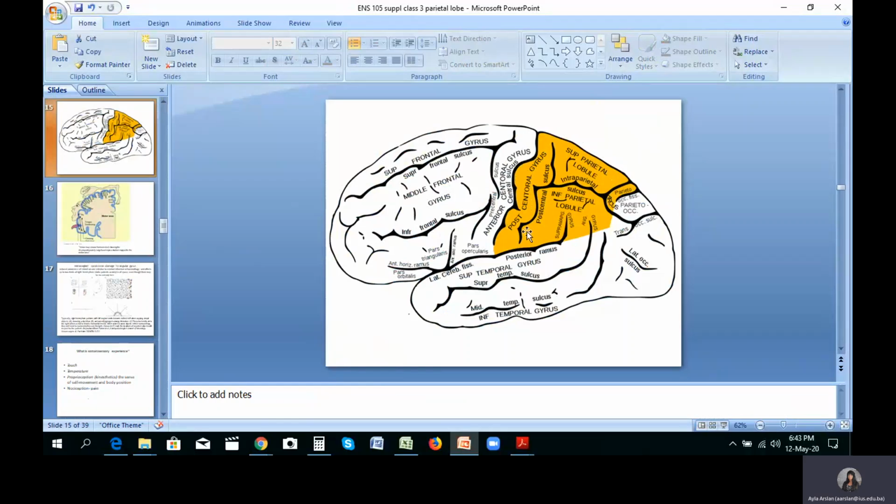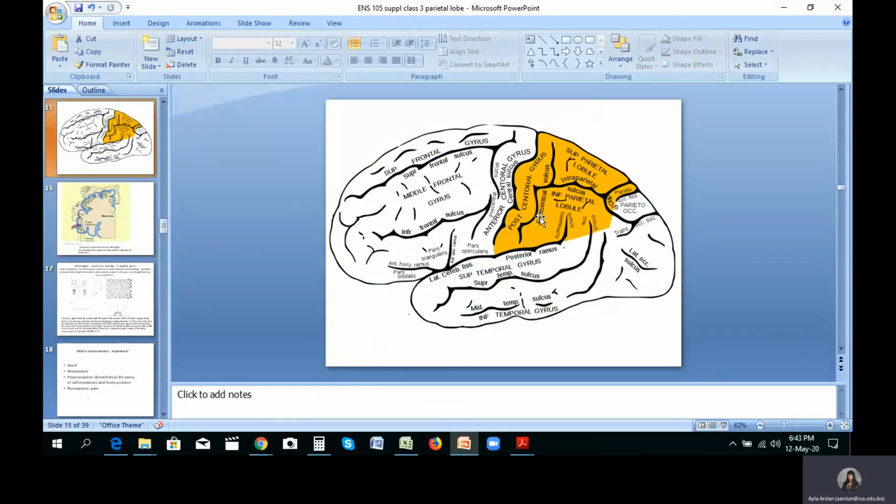If you look at this parietal lobe here, you see that there is one sulcus called the intraparietal sulcus, which separates the superior parietal lobule and inferior parietal lobule. These areas are rather association areas of the parietal cortex, meaning that they are involved in the integration of somatosensory and motor information, as well as auditory and visual information.